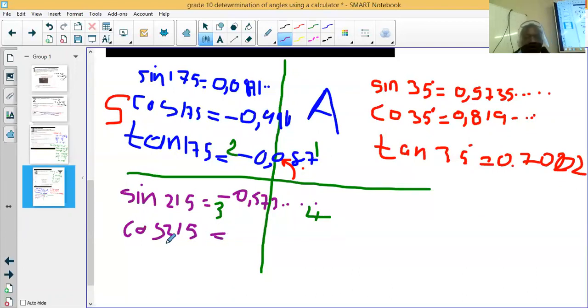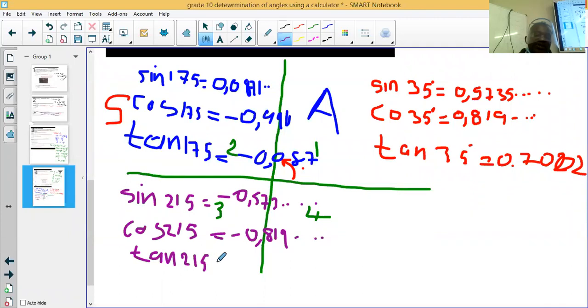Right. Cosine 215, what did you get? Negative 0.819 something. Let us go on to tangent. On to tangent 215.